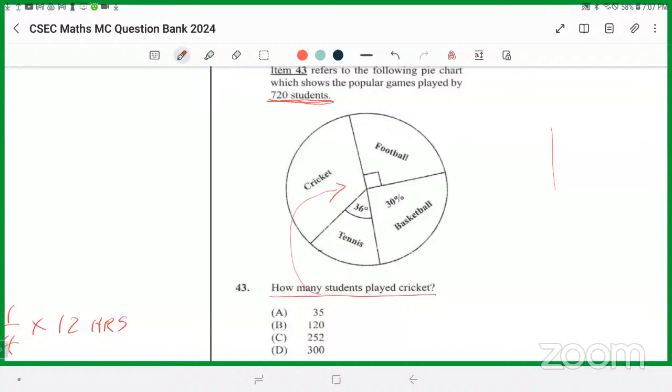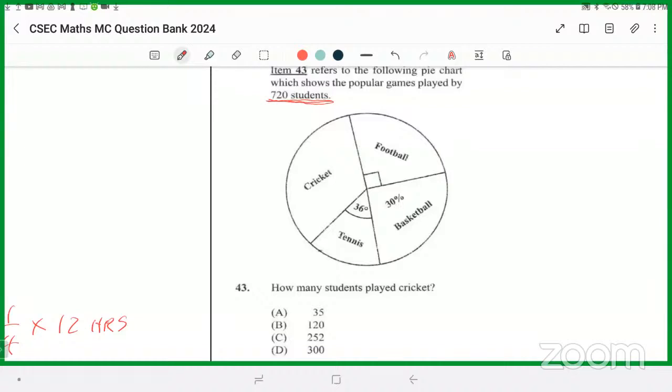If you're working in degrees, the total angle is 360. If you're working in percentages, the total is 100%. Either way, you can work these values out easily.